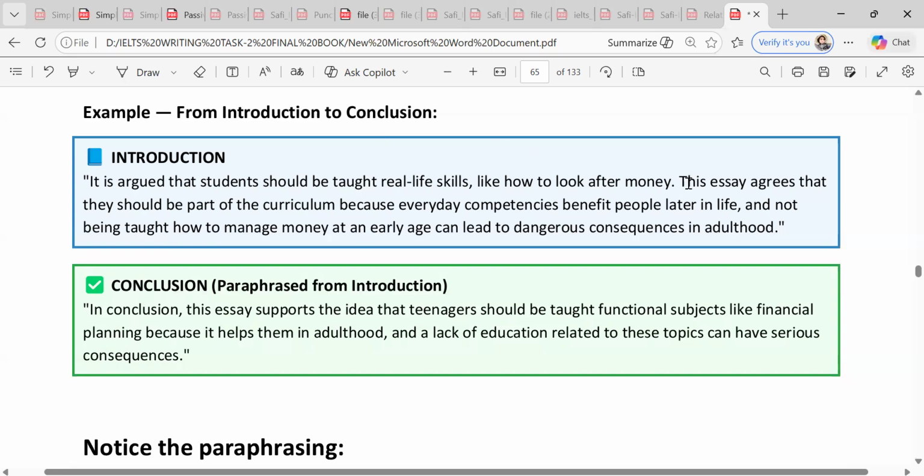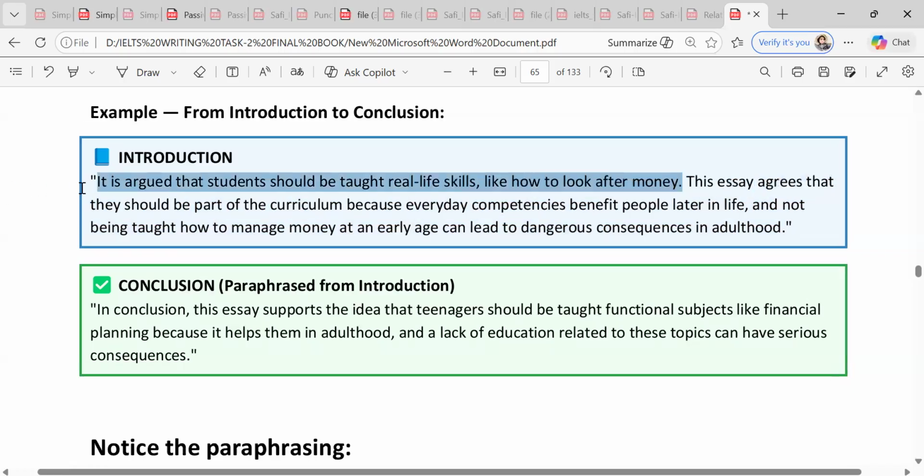Now, can you see there are two parts? This is your thesis statement, and the first part in your introduction is your paraphrasing statement.